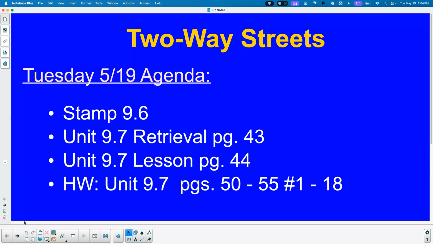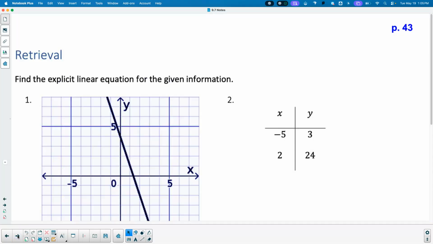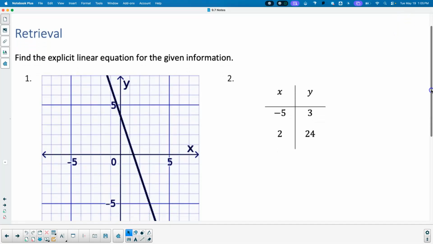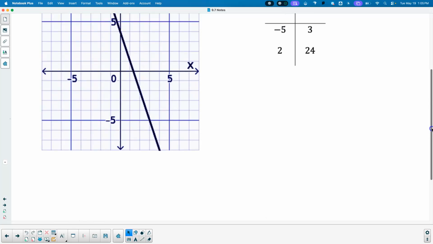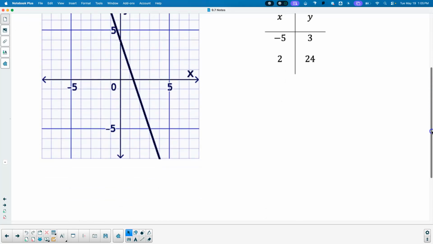We are on page 43 in your note packet. Okay? Let's do this. So you're finding me the linear relationships between those 2 different ones, okay?